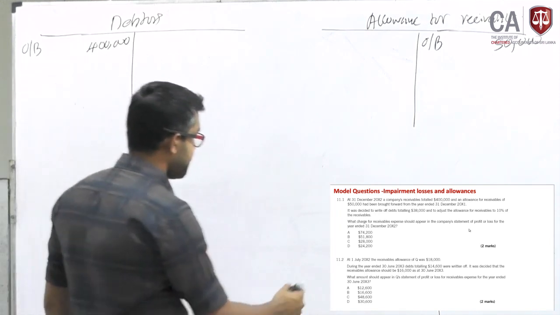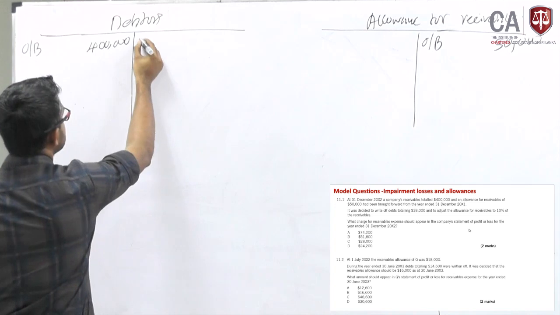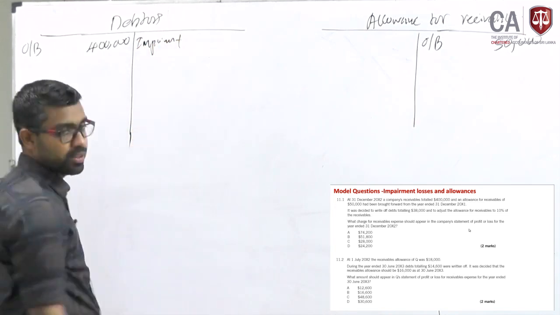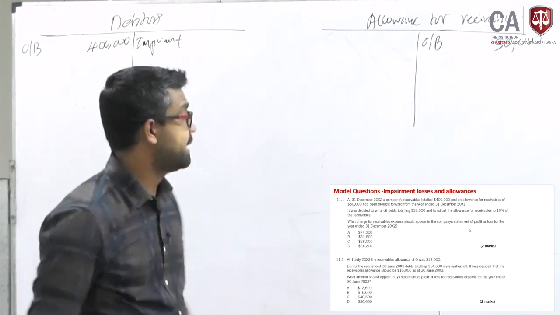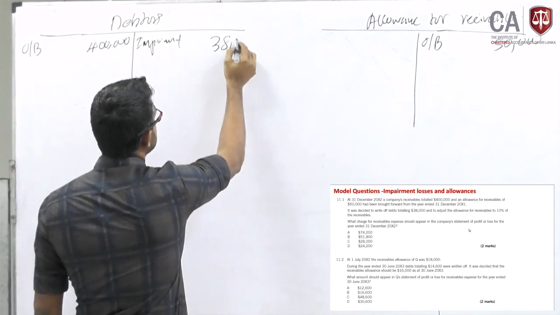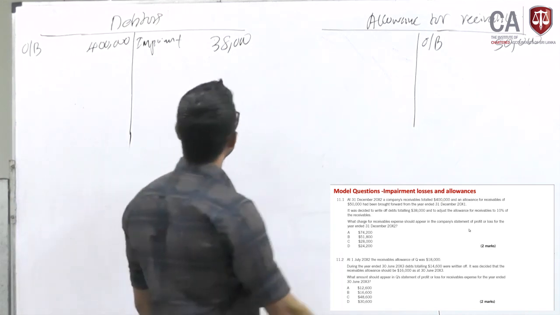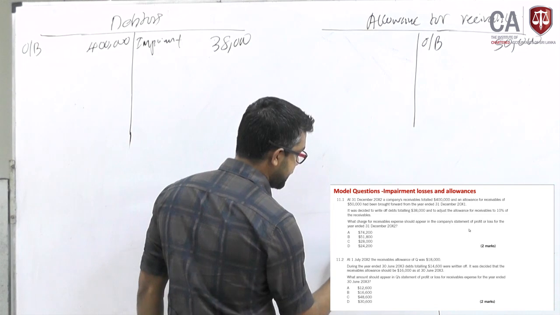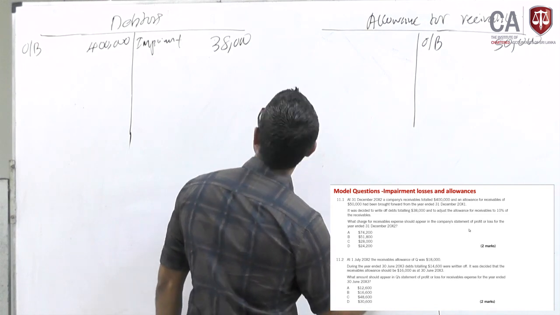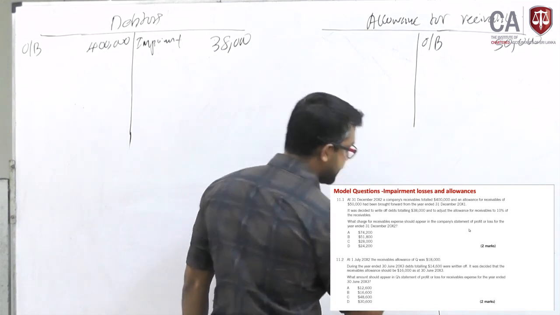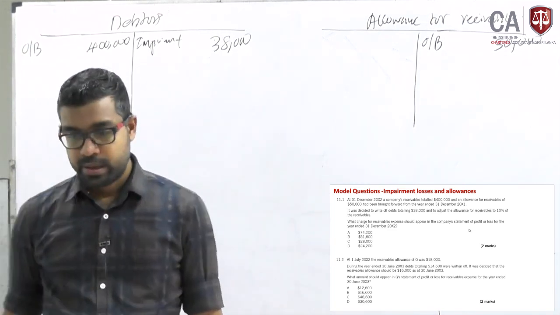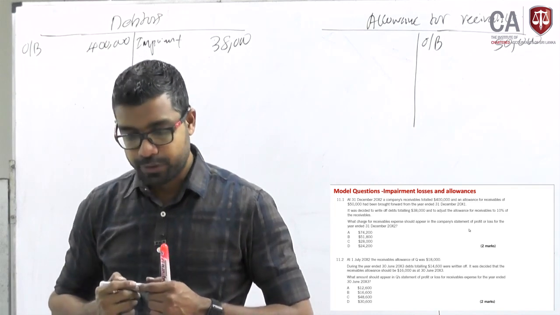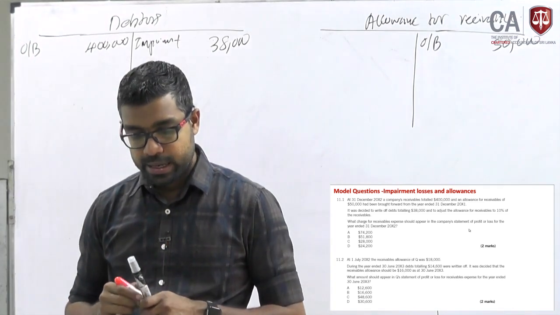Impairment amount: debit impairment, credit debtor. How much? 38,000, right? Impairment debit, debtor credit, 38,000, right?